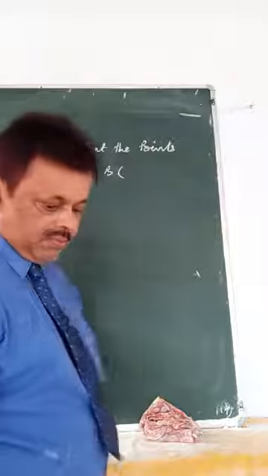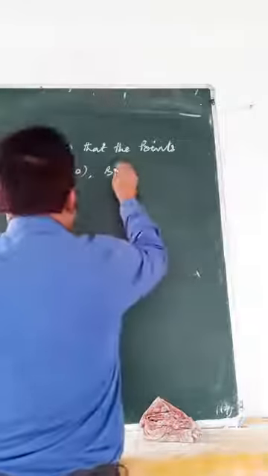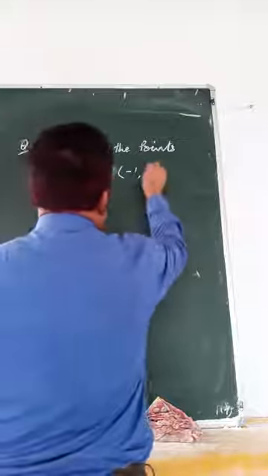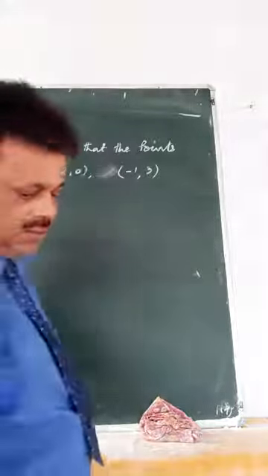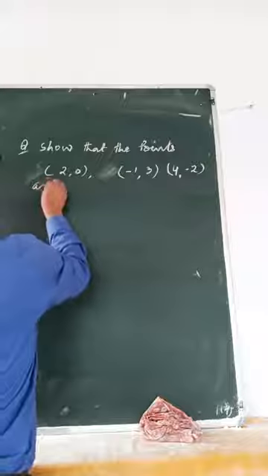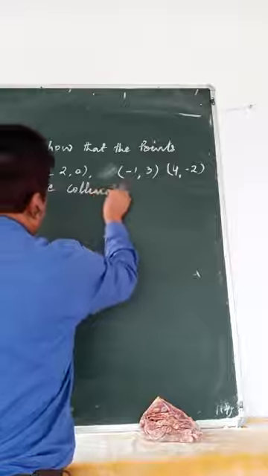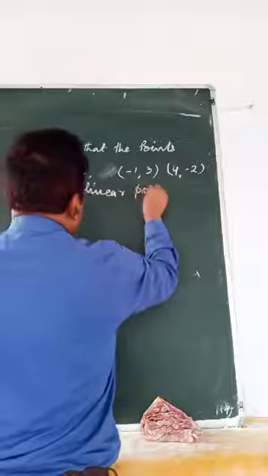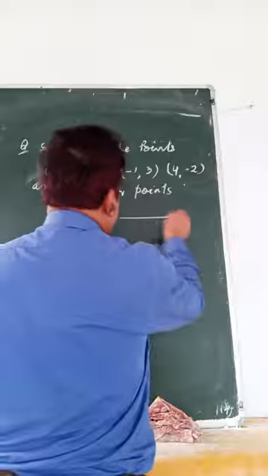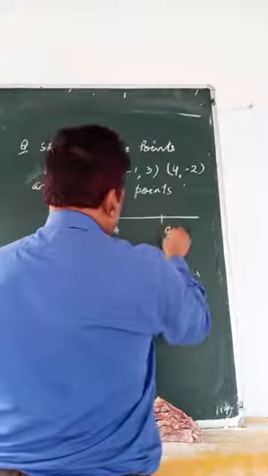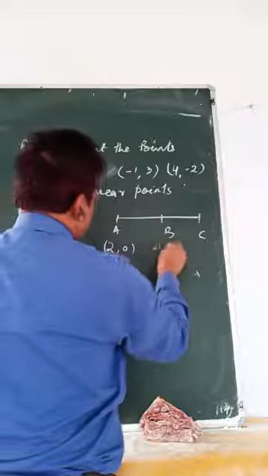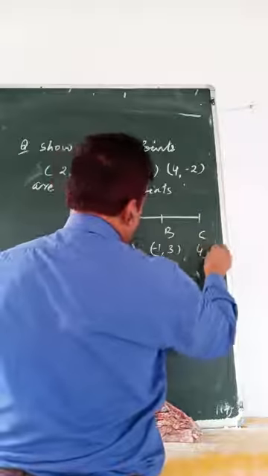Don't take A, B, C, only take points: 2, 0; -1, 3; and 4, -2. These are collinear points. So what we'll do is put them here: A, B, C. This is 2, 0. This is -1, 3. This is 4, -2.